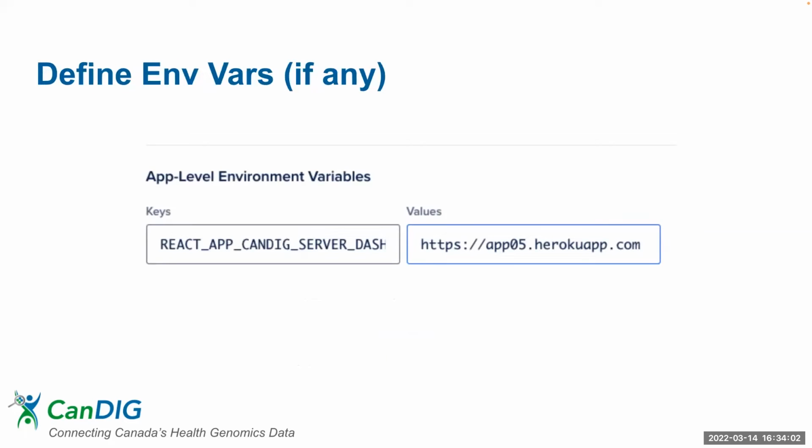It has the option of specifying environment variables, which is important for certain applications, including ours. This is the environment variable we need to configure for the CanDIG server external dashboard. We need to configure this app 05.heroclap.com. This is the address of the API server.